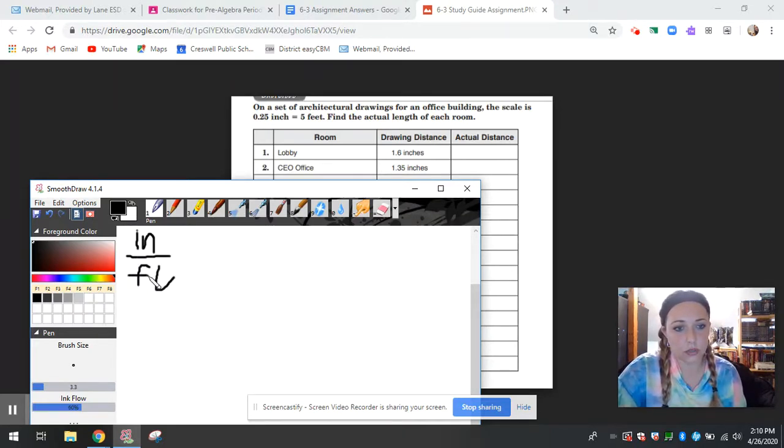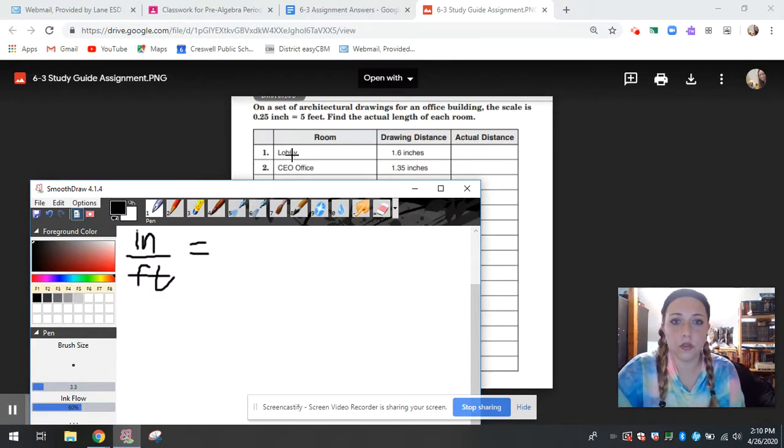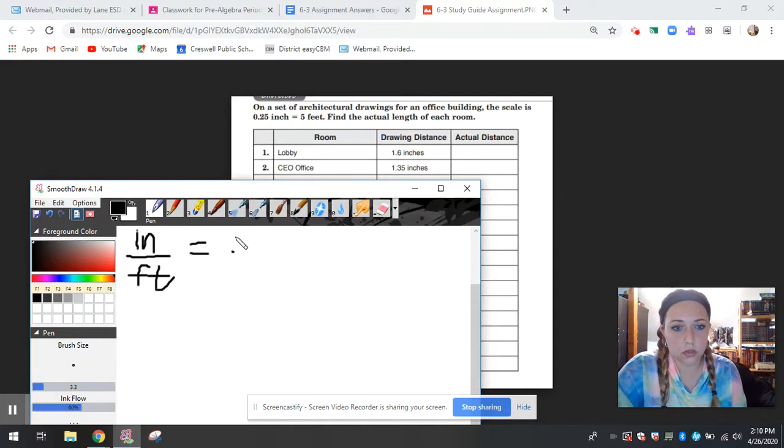Inches to feet. And then the first fraction I have is 0.25 inches to 5 feet.